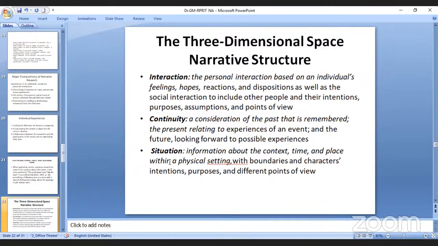So a consideration of the past that is remembered, the present relating to experiences of an event, and the future looking forward to possible experiences. So past is past, it is remembered. The present relates to experiences of an event, and the future looks forward to possible experiences.